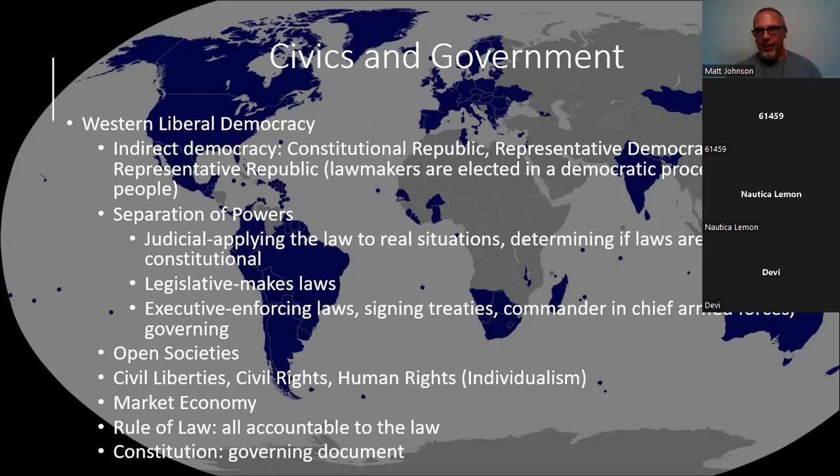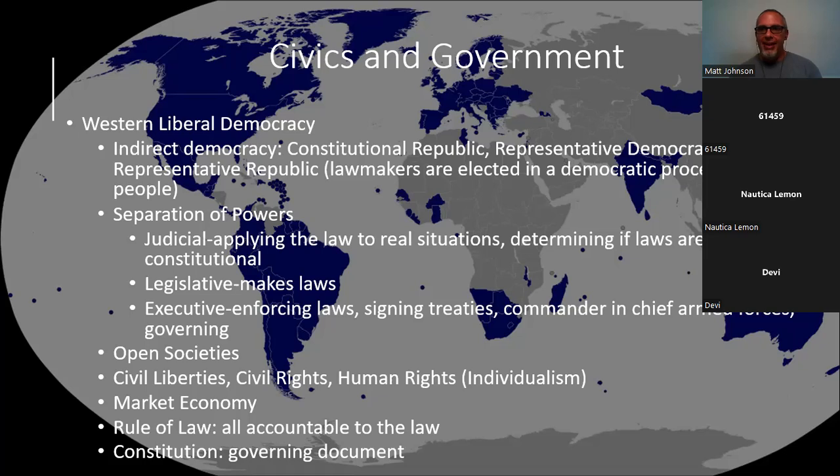The legislative branch, its main duty is to make laws. And we're going to talk mostly about the legislative branch today and some of the other responsibilities that it has. It introduces bills, and it is up to Congress, at the federal level, to pass those bills.